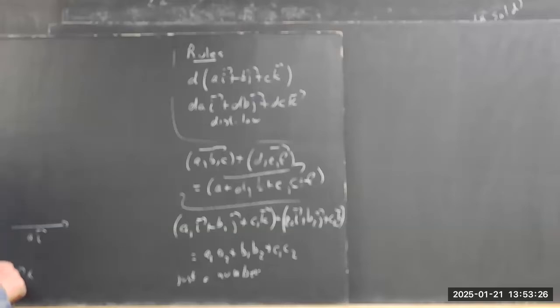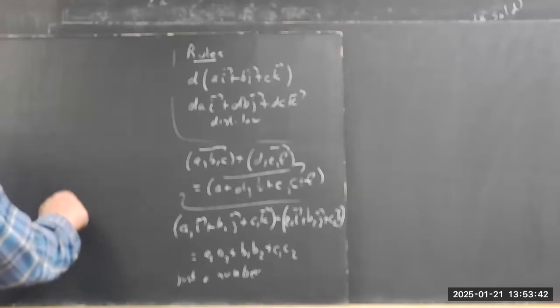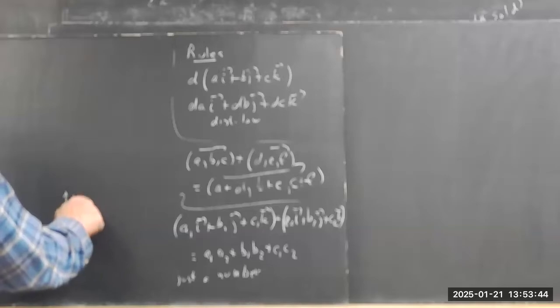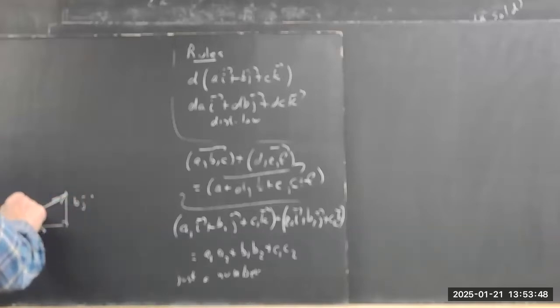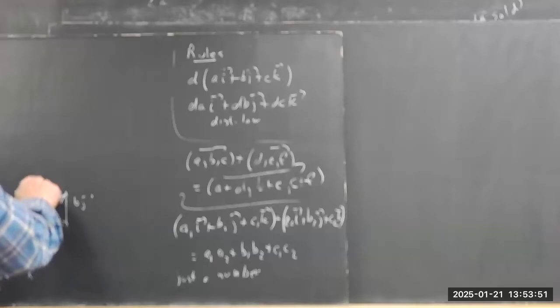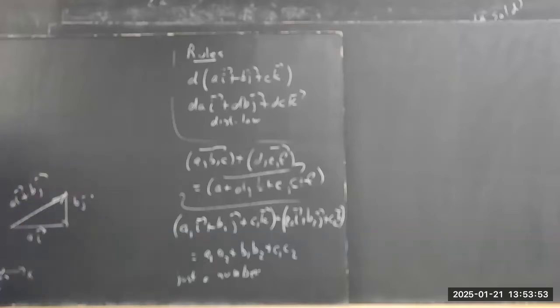Your I vector is here, your J vector is here. Your unit vectors, they have length 1. There they are. You have AI and you have BJ. And now this vector is the vector AI plus BJ.